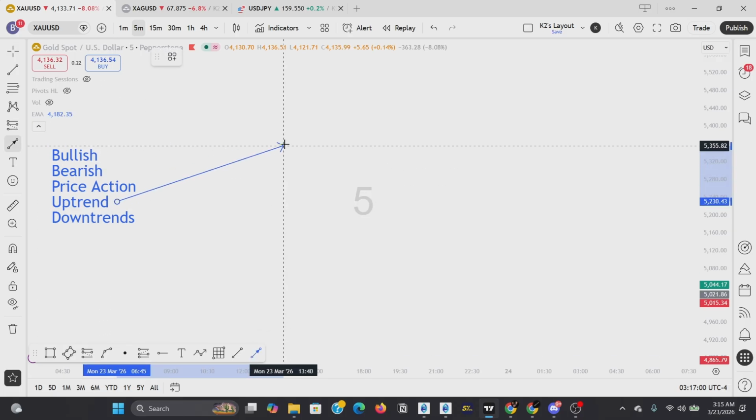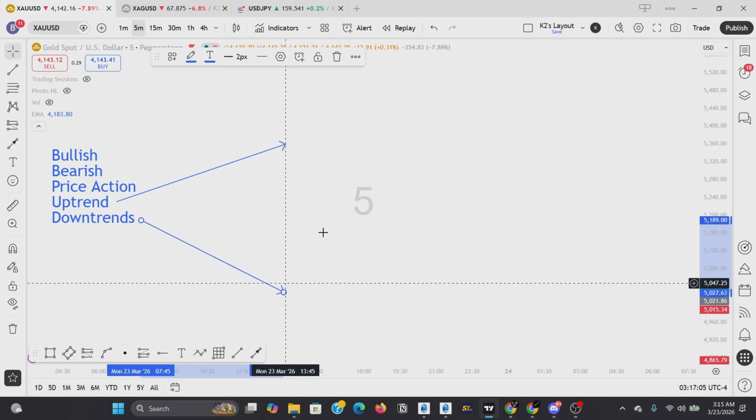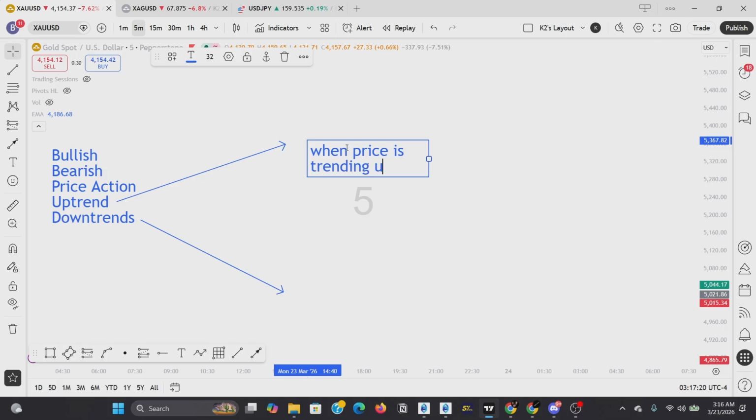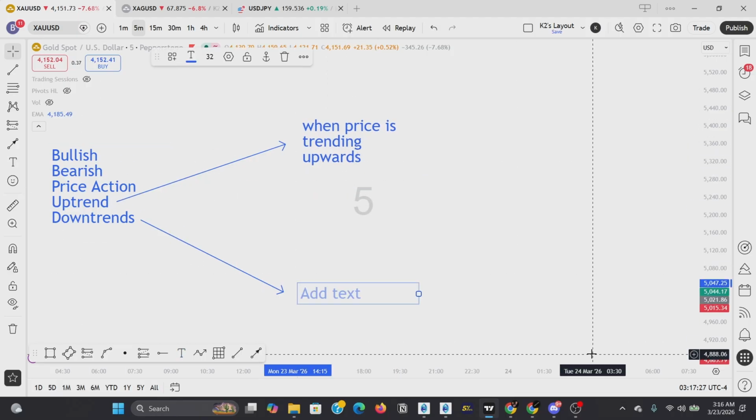Uptrends and downtrends also describe ways that the market moves, but they go more in depth than just saying bullish or bearish. An uptrend is when price is trending upwards. A downtrend is the exact opposite, when price trends downwards.